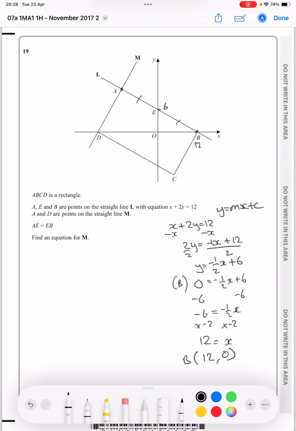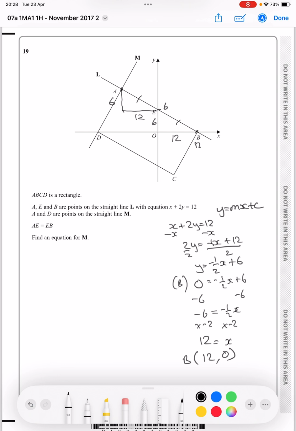So what I can see is that from E to B, essentially we've got 6 up and we've got 12 across. So when I go back, because these lines are the same, I know that I'm going back 12 and up another 6.